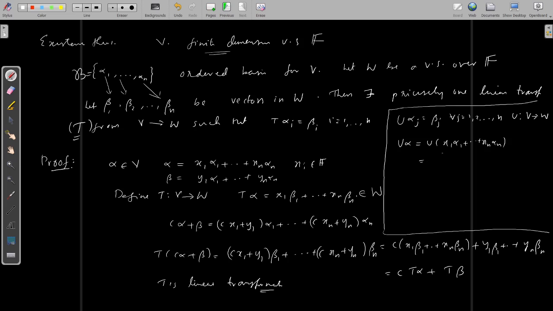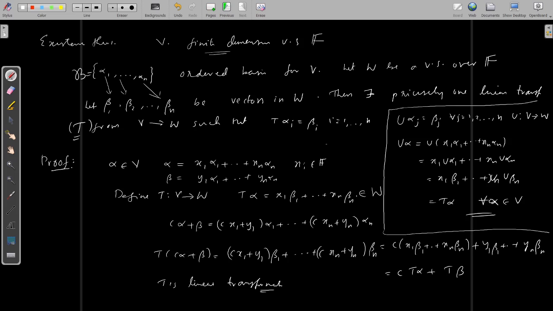Then U of alpha is x1 times U of alpha 1 plus etc. xn times U of alpha n, that is equal to x1 times beta 1 plus etc. xn times beta n, but this is the same as our T of alpha. So this shows that U of alpha is equal to T of alpha for alpha belongs to V. Sorry, T and U are the same transformation.